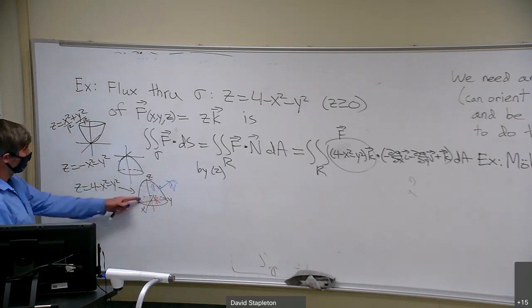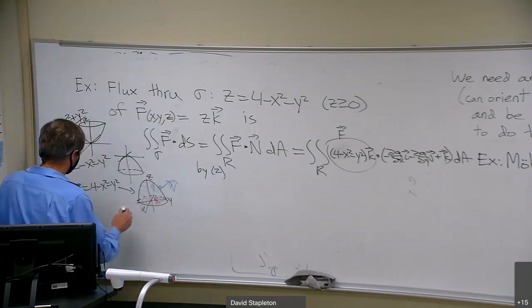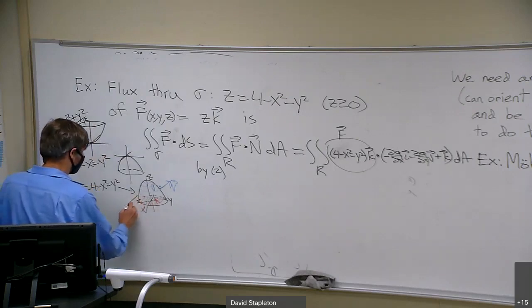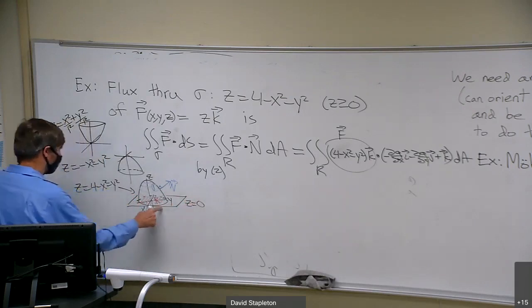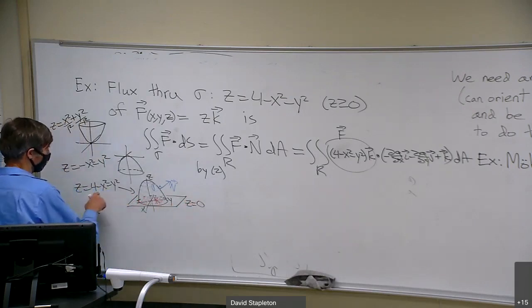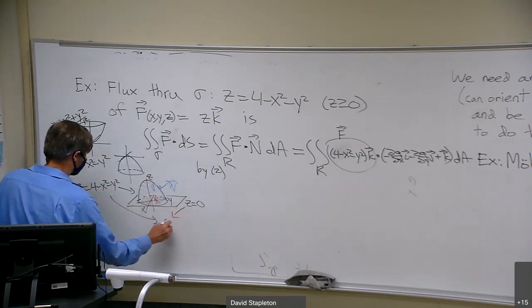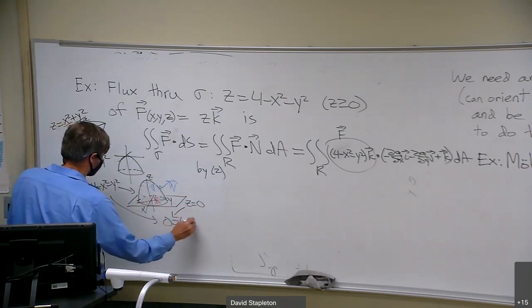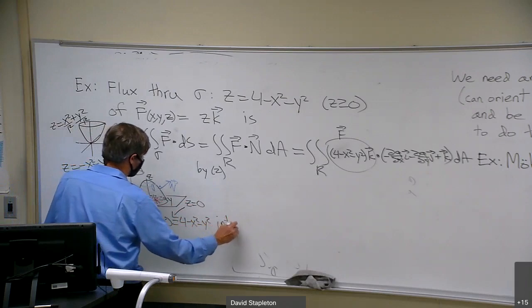All right, so what is the region R? We said we intersect it with the plane z equals 0. Where they intersect, these two are equal, and you get 0 equals 4 minus x squared minus y squared, the intersection in the xy plane.